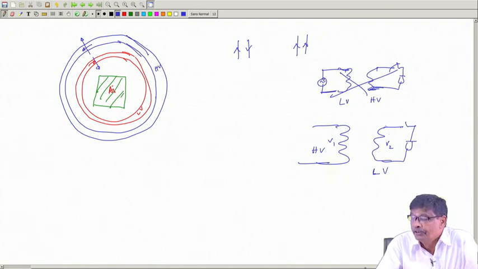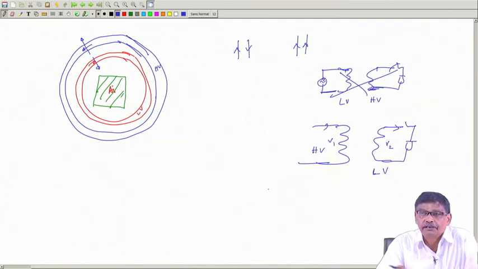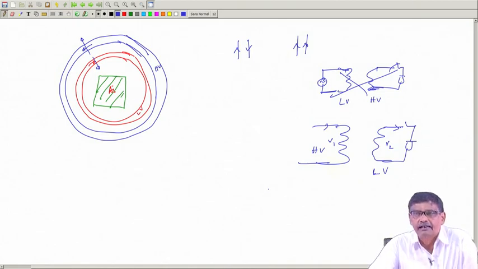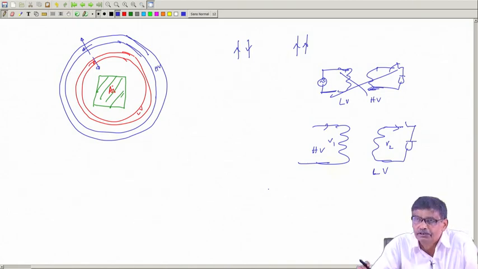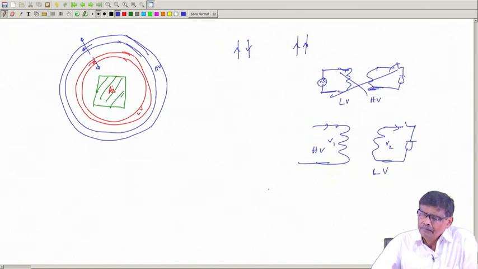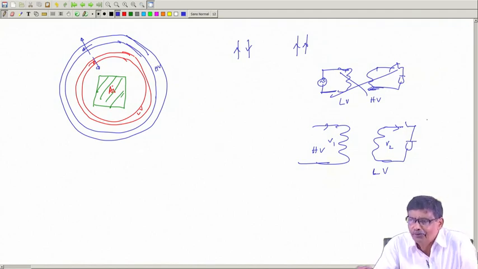So, compared to open circuit voltage, the moment you start drawing current because of the internal drop inside the transformer in the equivalent resistance and leakage reactance, this voltage will fall in magnitude.